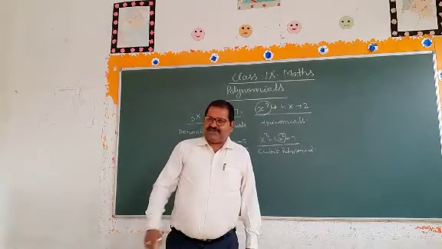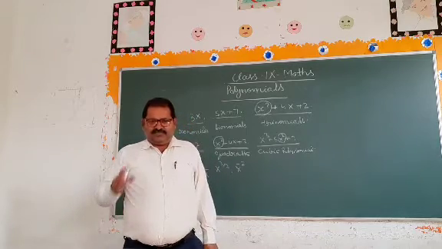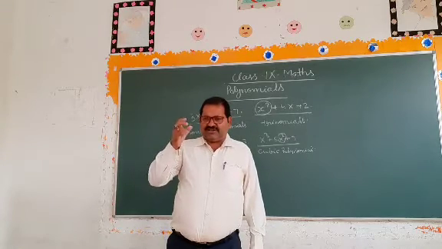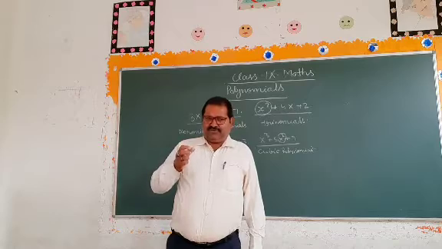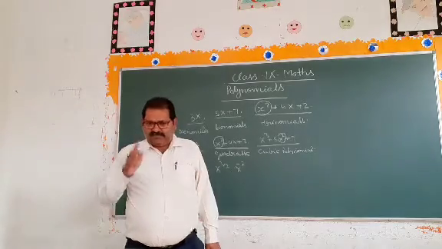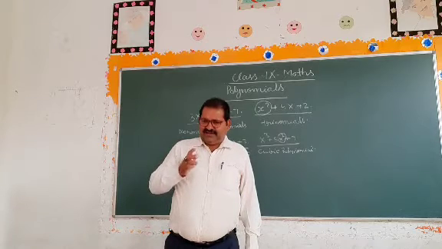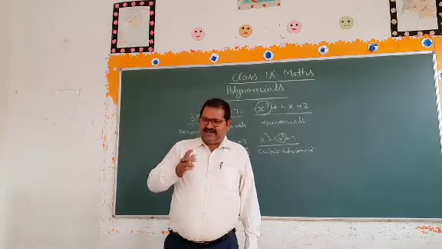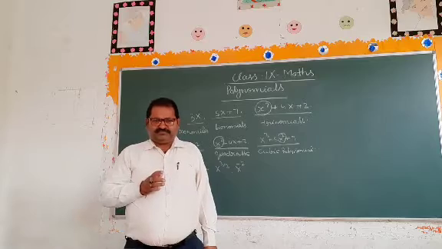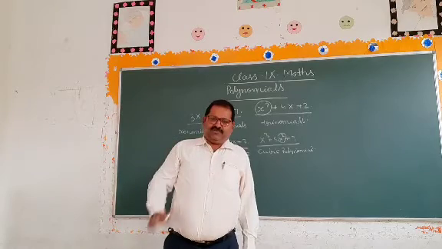So in the expression 3 under root 2t plus t under root 2, if the constant value is in a square root, it does not matter for classifying it as a polynomial. But if the variable of an algebraic expression is written in a square root or in a denominator, that's not a polynomial.